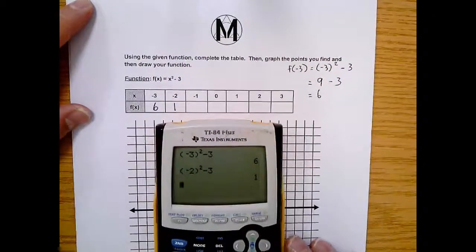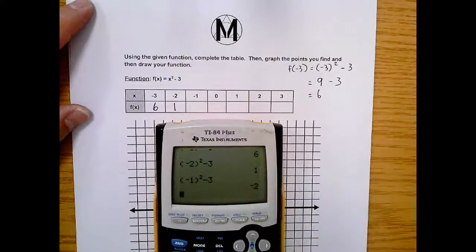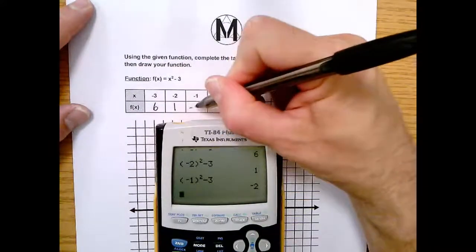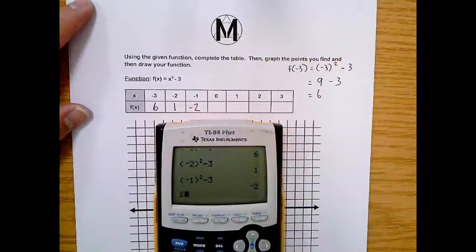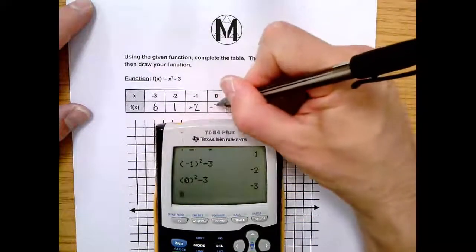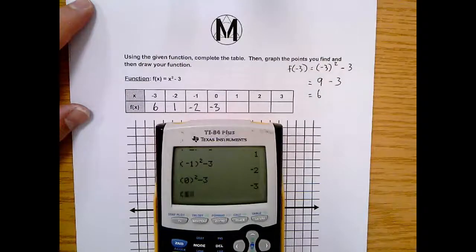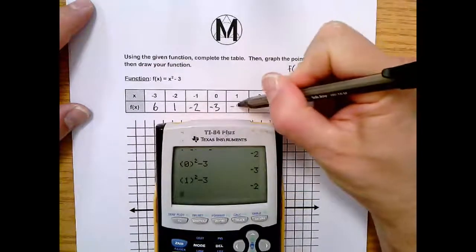Right? Input, output, input, output. Parentheses, negative 1 squared minus 3. So we got negative 2. Parentheses, inputting 0. 0 squared minus 3 is negative 3. And so you can see by putting in these parentheses and just reusing my function, I can do these very quickly.